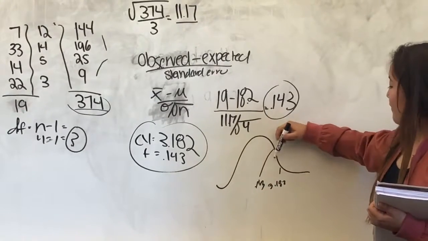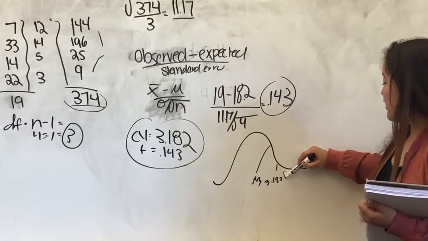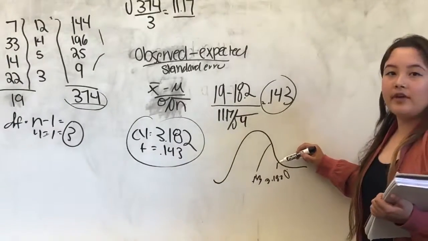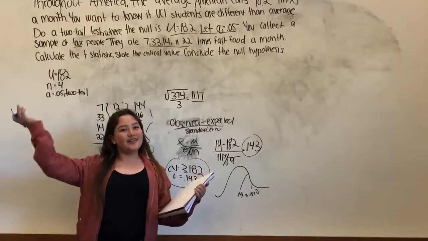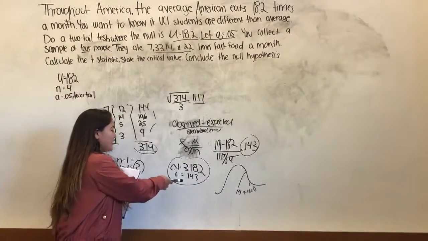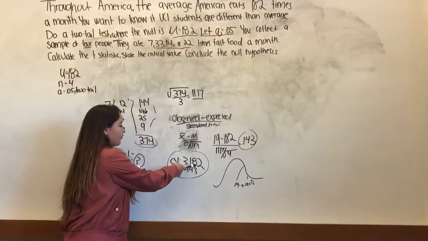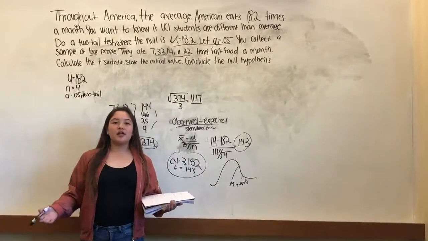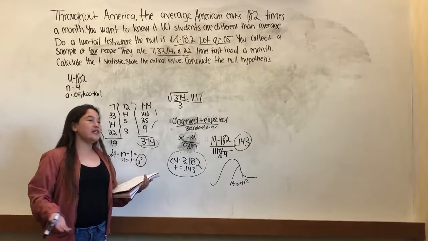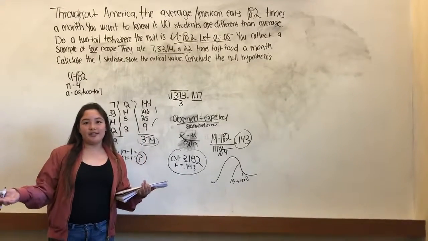And because the t-value doesn't fall within the significance level, we're going to fail to reject the hypothesis. So in conclusion, the t-value is 0.143, the critical value is 3.182, and we're failing to reject the null hypothesis. Which means we cannot conclude our hypothesis.